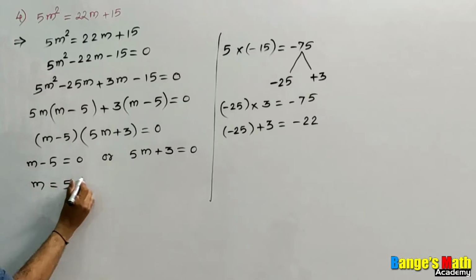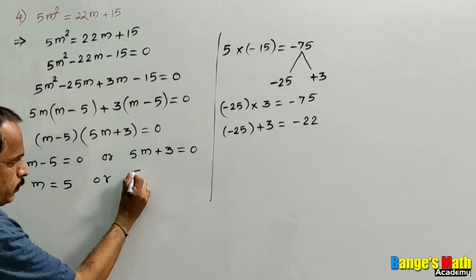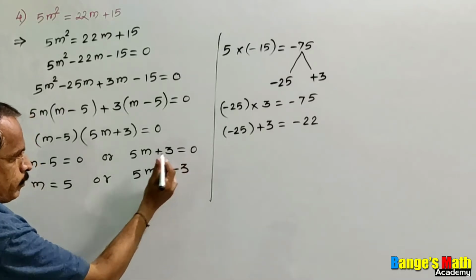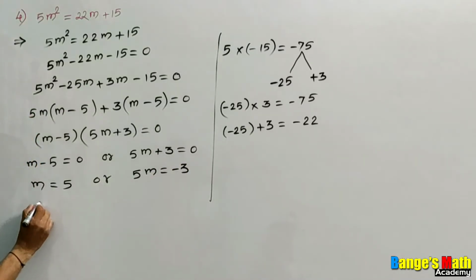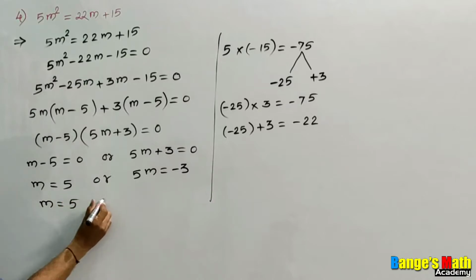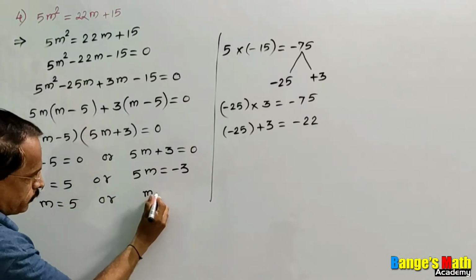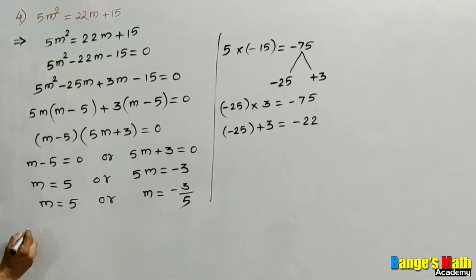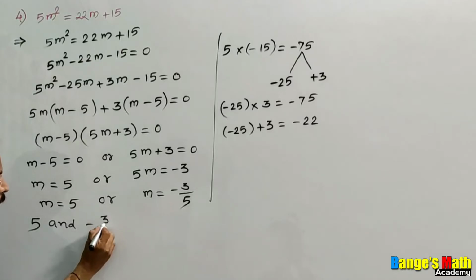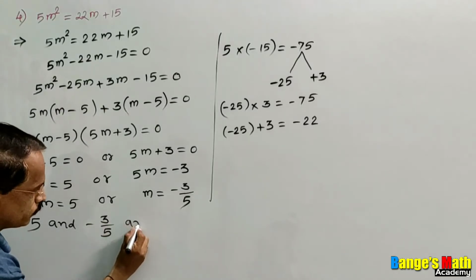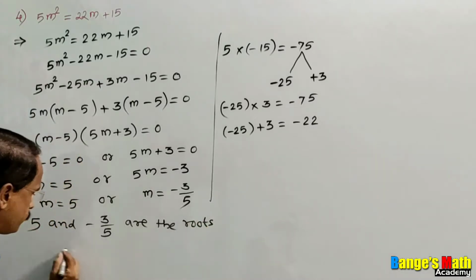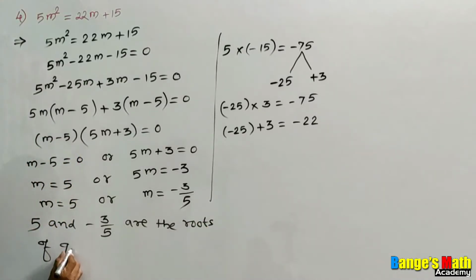M is equal to 5, or 5m is equal to minus 3. Then m is equal to 5, or m is equal to minus 3 upon 5. So 5 and minus 3 upon 5 are the roots of the given quadratic equation.